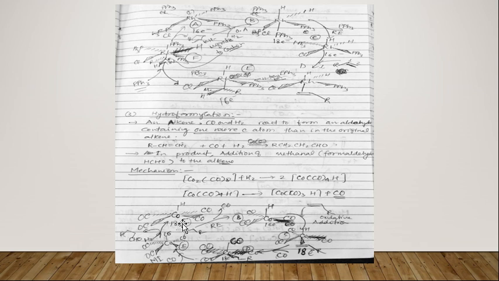So first they took this species, HCo(CO)4, which is 18 electron. After reductive elimination of carbonyl, it becomes 16 electron.